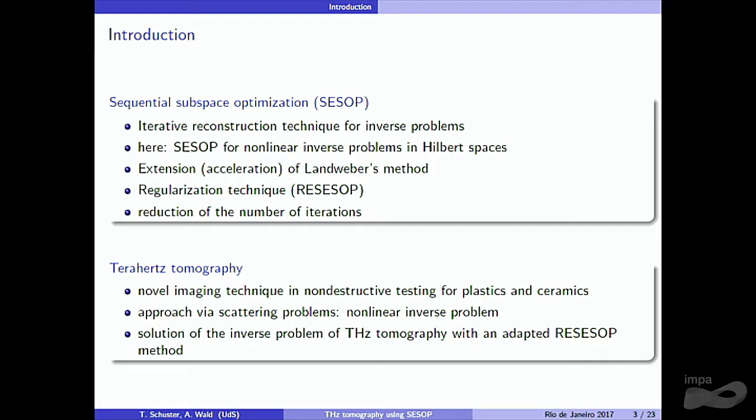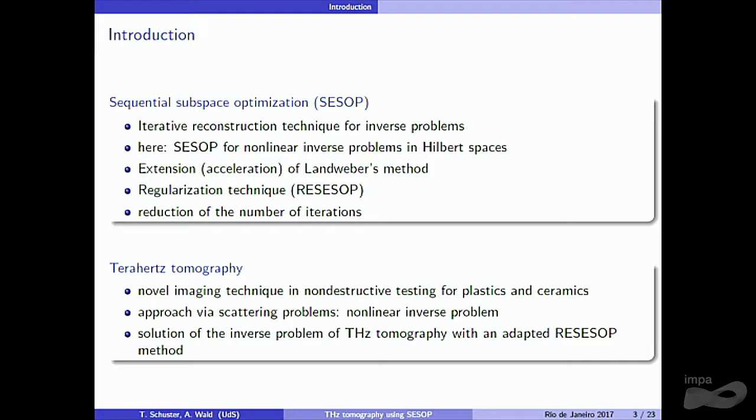Even if you go to higher frequencies, you find visible light and then X-ray techniques and X-ray tomography. But what about the terahertz regime? Terahertz waves show to be very sensitive with respect to moisture.